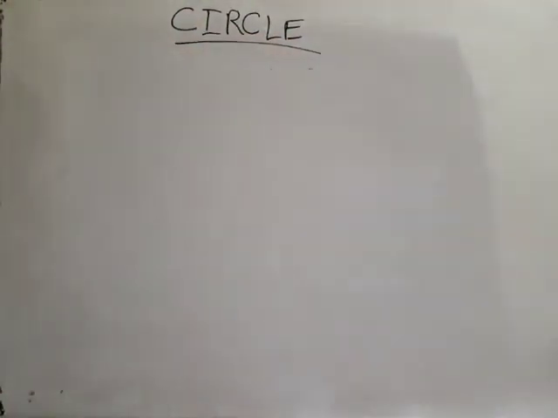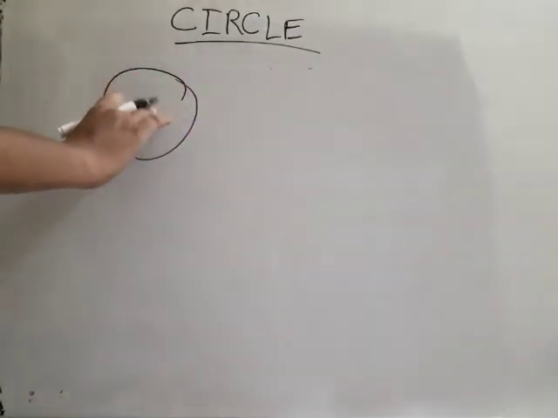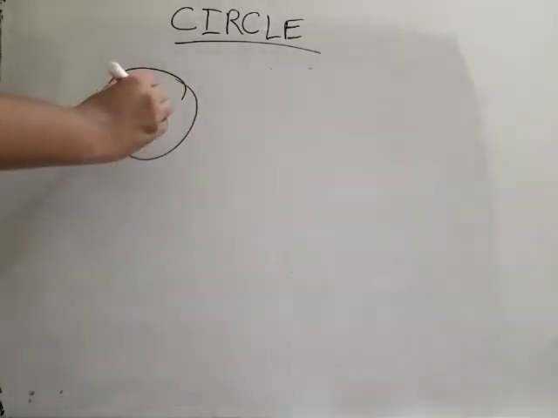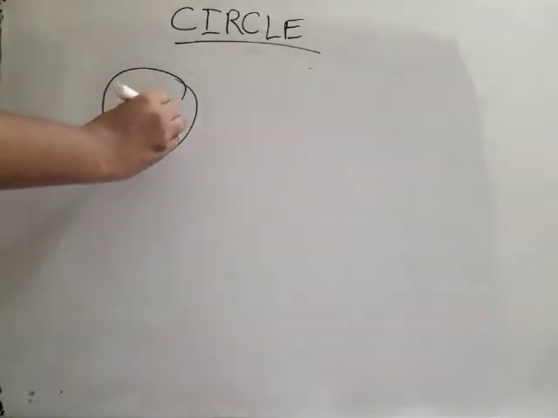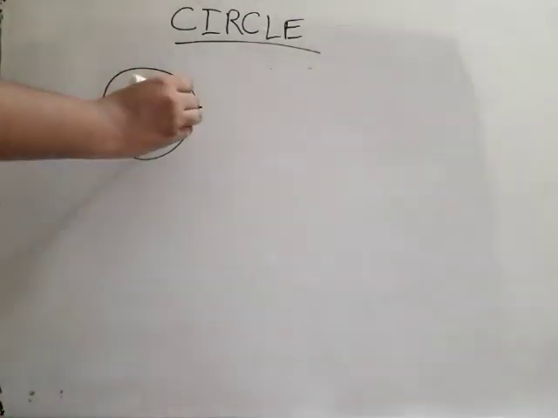Now let us see what is the parametric equation of a circle. Parametric equation will give us coordinates of any point on the circle. Suppose this is a circle with center h comma k. This line is parallel to x-axis.